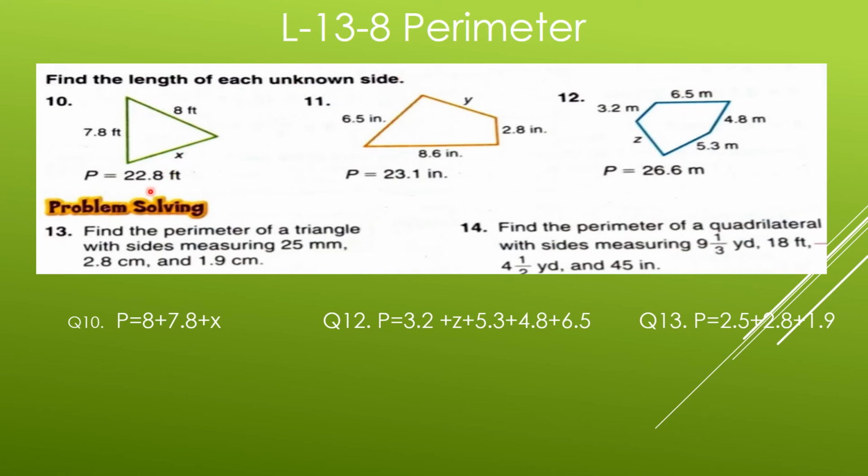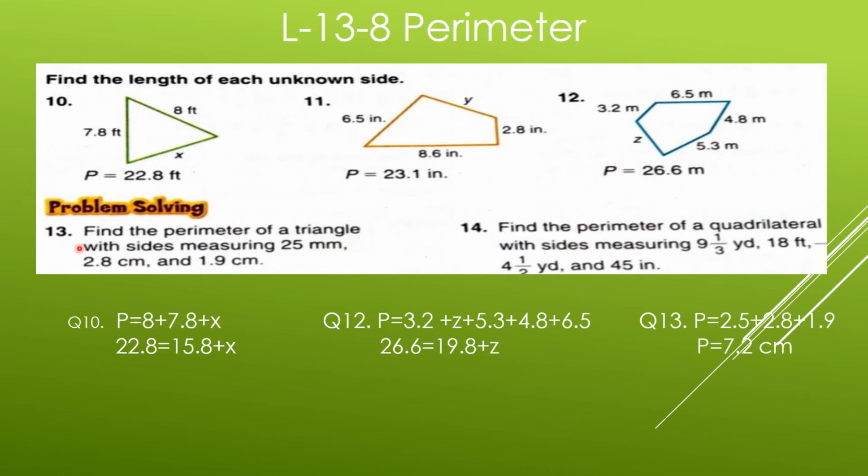That means perimeter is given like the first one. Then what is the formula of the perimeter? What is the perimeter? 7.8 plus 8 plus x is equal to P. And what is P given? 22.8. Then you can see how to find x. P is equal to 7.8 plus 8 plus x.